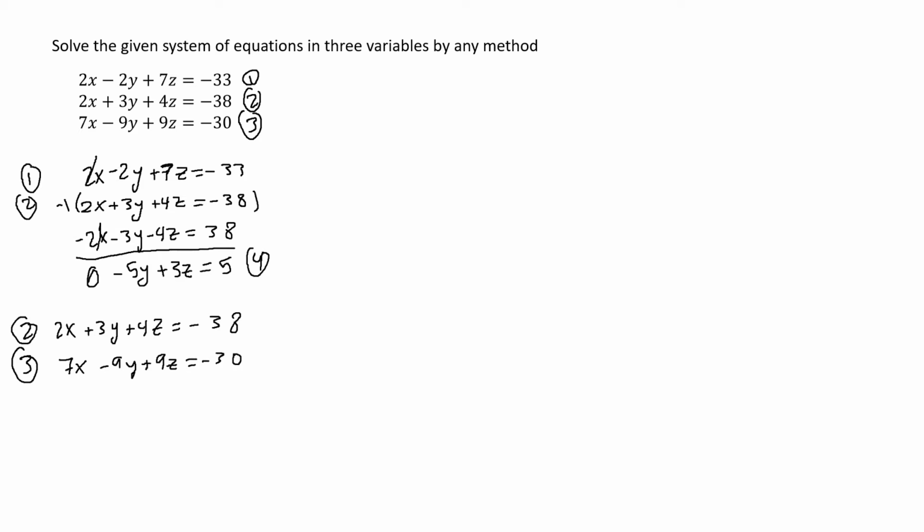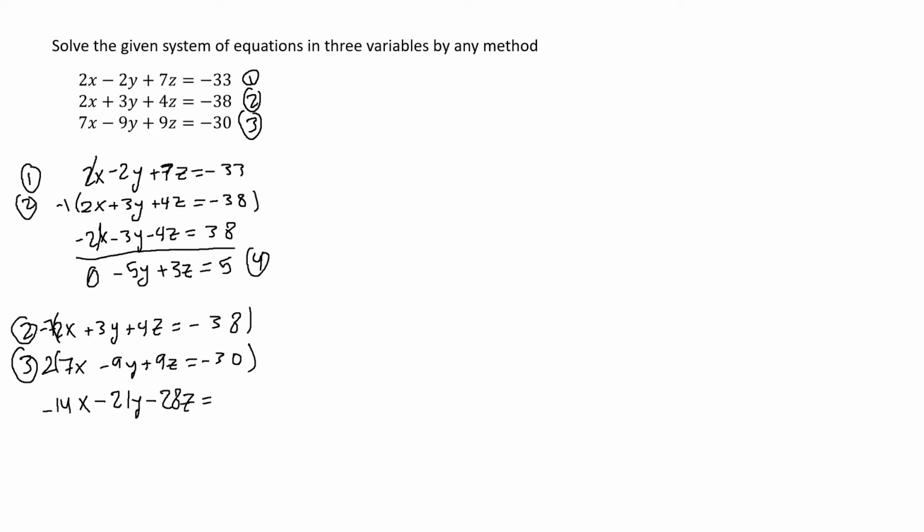Same concept: I have to have the x's the same value but different signs. So maybe I can multiply the top equation by negative 7 and the bottom equation by 2. Negative 7 times 2 gives us negative 14x. Negative 7 times 3 gives us negative 21y. Negative 7 times 4 gives us negative 28z.